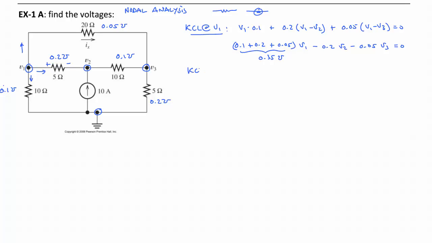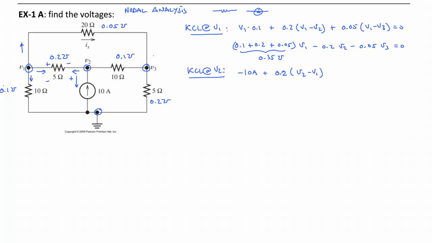All right, now we proceed to the KCL at node V2. And here we will have current leaving through the 10 amp source, so that's going to be minus 10 amps, plus the current leaving to the left, that is going to be 0.2 times, and now we're going to go V2 minus V1, right, because current leaving would correspond to the voltage V2 plus over here minus to the left at V1.